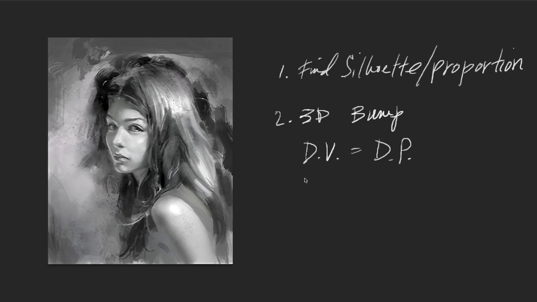So in other words, a value change equals a form change. Because part of the way that our eye sees depth, it takes its cues from value. So as values change, things look like they are advancing or receding. That's just the mechanics of it.